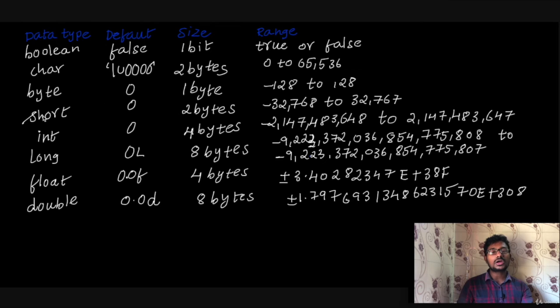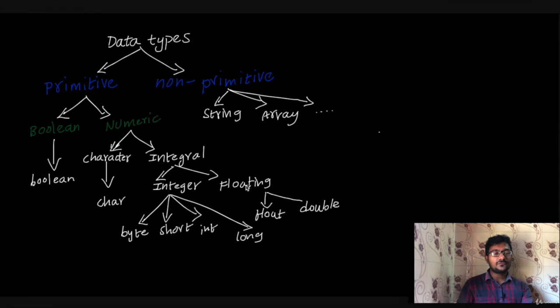We will cover those differences once we come to this slide. And then the floating category. Under the floating category there are two types, float and double. Both support decimal points. If your use case has a requirement to store decimal values or to play with some decimal values, then you can choose either float or double. You need to pick the best data type based on your use case.